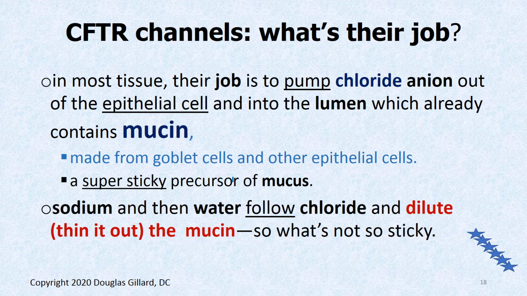There's all sorts of ways. Sodium will follow chloride, and who follows sodium? Water. So basically, you're getting a little water into the lumen of a mucus gland and into the mucociliary escalator system. And that water is super important because it thins out mucus, so it makes the mucus not super sticky.